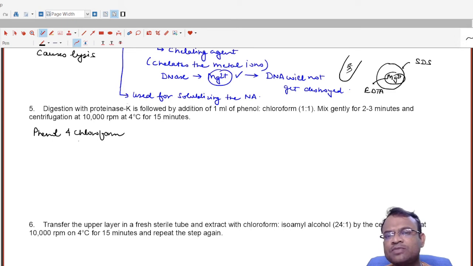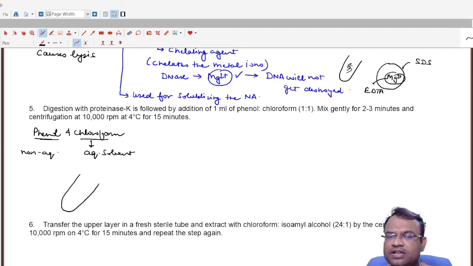Why am I saying immiscible liquids? Because the nature of the phenol and the nature of the chloroform is entirely different. Chloroform is an aqueous solvent, whereas phenol is a non-aqueous solvent. That is the reason why when you mix phenol and chloroform, it will never make a clear solution. There would always be an interface present.